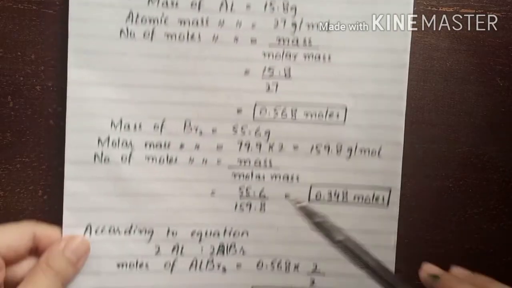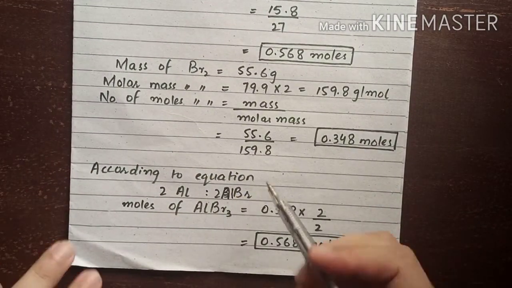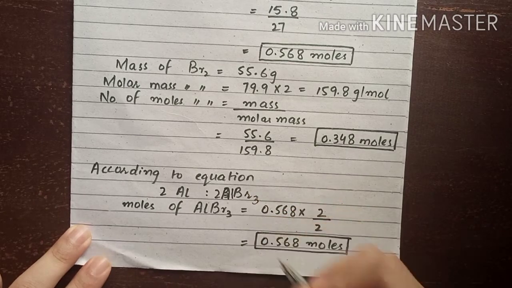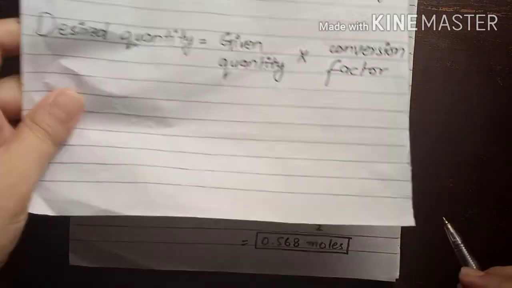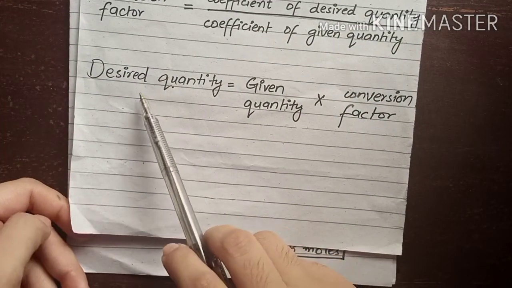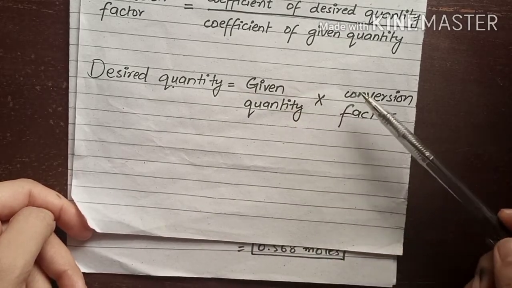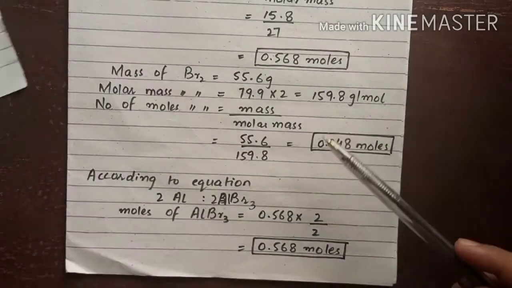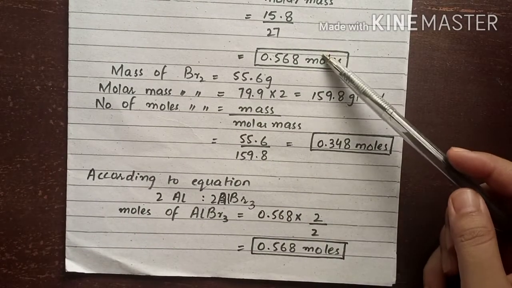So in the first case, we are going to compare the moles of aluminium with aluminium bromide, AlBr3. Moles of aluminium bromide, we are going to calculate using a formula which says that if you want to find out the desired quantity, we obtain it by multiplying the given quantity by the conversion factor. The given quantity in this case, 0.568 moles, is obtained from the moles of aluminium.